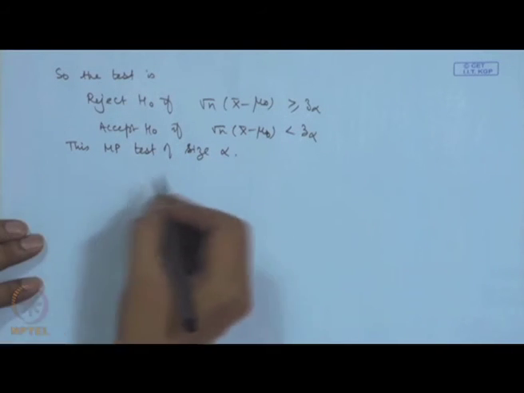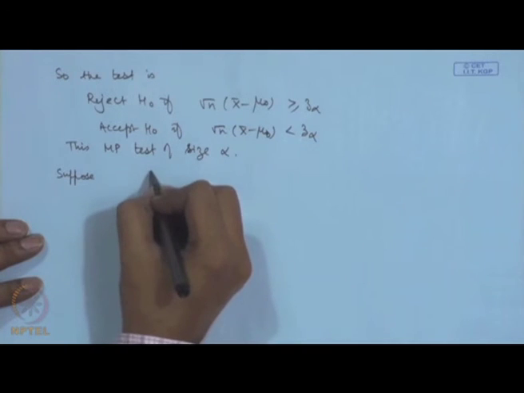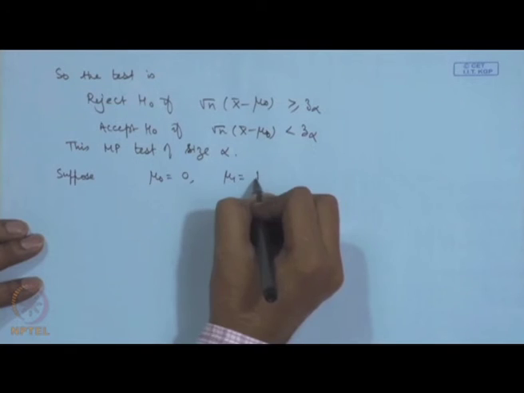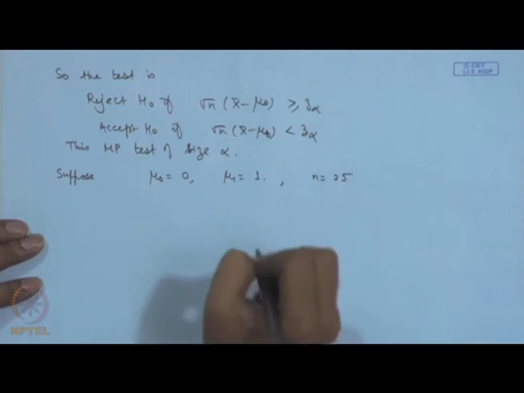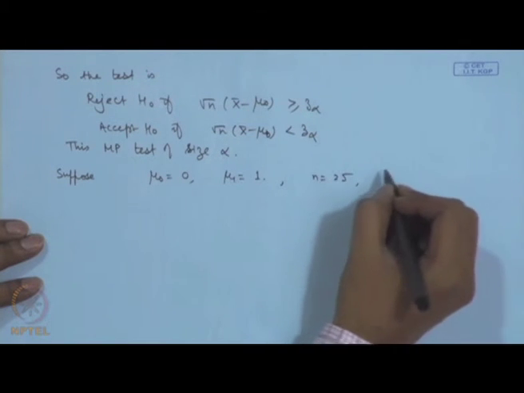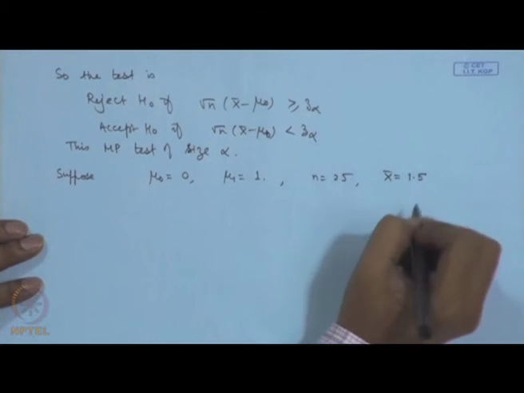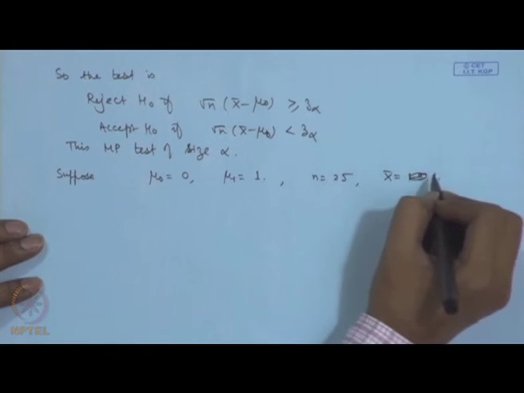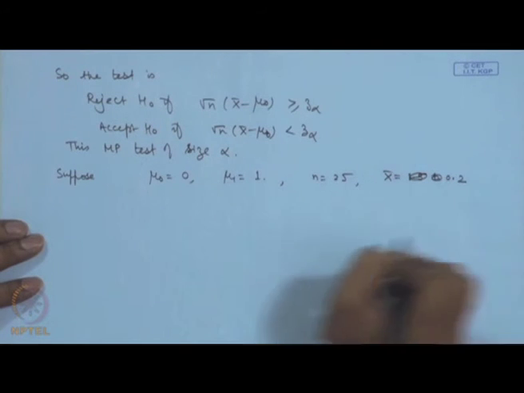Let us take a practical example here. Suppose I take say mu naught is equal to 0, mu 1 is equal to say 1, and say n is equal to say 25, and in a given problem suppose my x bar is say equal to 0.2.